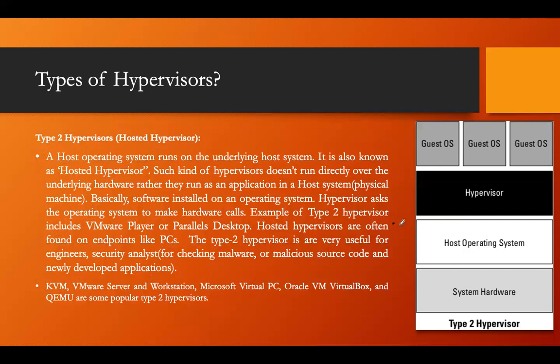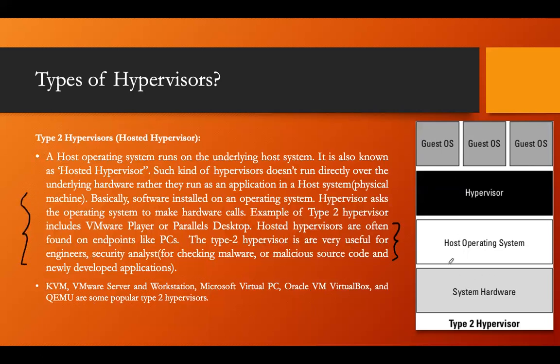These are the usefulness of type 2, but there are still issues. KVM, VMware Server and Workstation, Microsoft Virtual PC, Oracle VM VirtualBox, and QEMU are some popular type 2 hypervisors. This type 2 hypervisor is what we actually use.